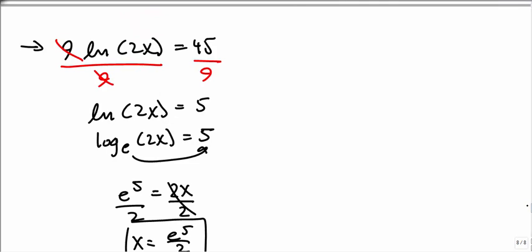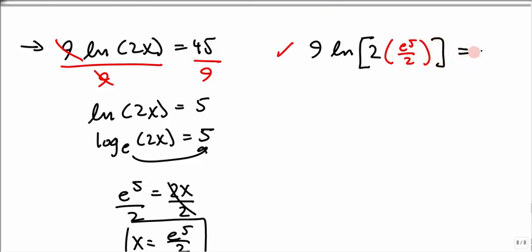So I could check that if I wanted to by plugging it back in. So let's go ahead and check that. That's not anything that we've done too much of today. So I have 9 ln of 2 times e to the 5th over 2, and I'm checking to see, does this equal 45? Well, these 2's cancel, and I have 9 ln of e to the 5th.